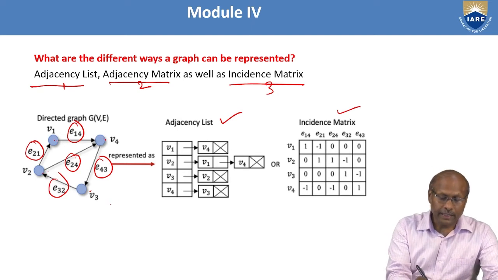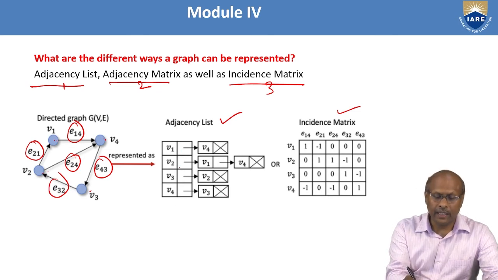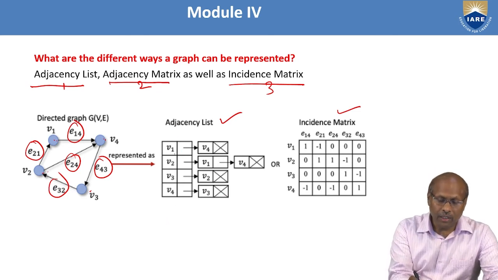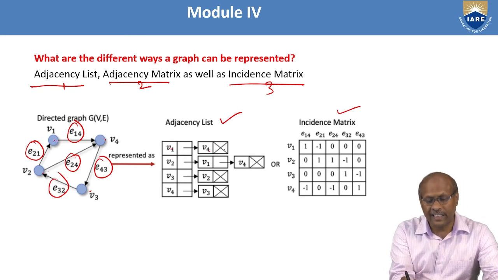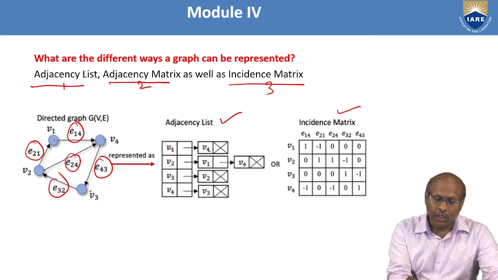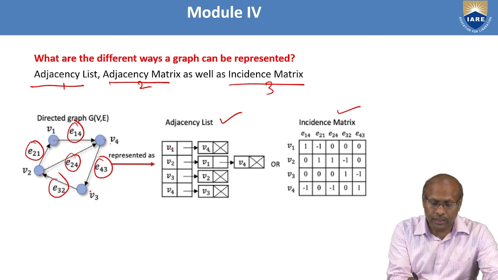See, for this graph, first you can represent through adjacency list. V1, V2, V3, V4 are the list of vertices. V1 is connected to V4. So in the adjacency list, you have to specify which nodes are connecting to V1. Next, V2. V2 is connecting to V4, and V2 is connecting to V1 also. So V1 and V4.